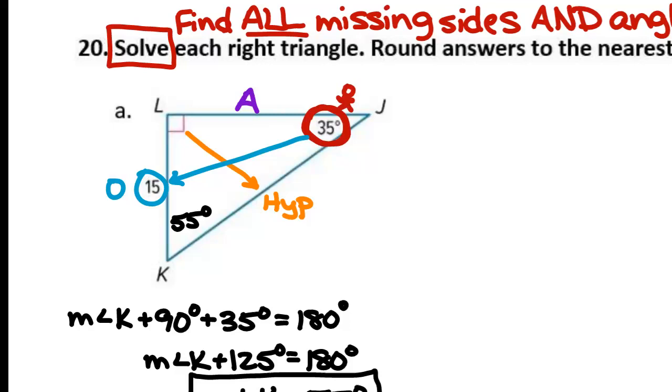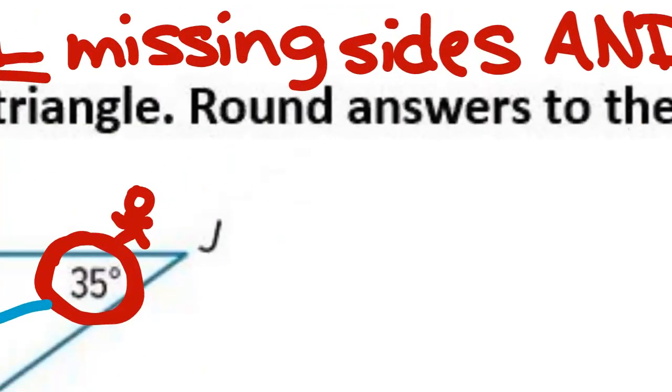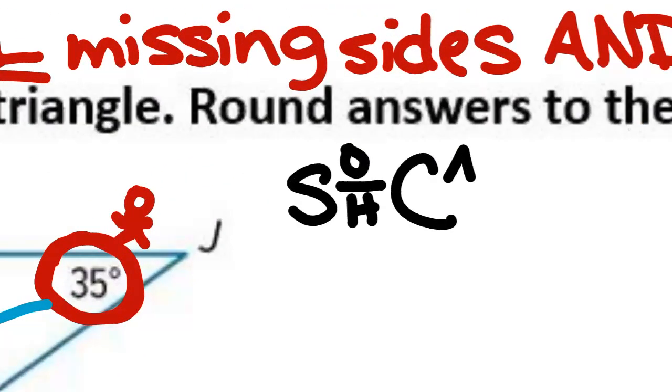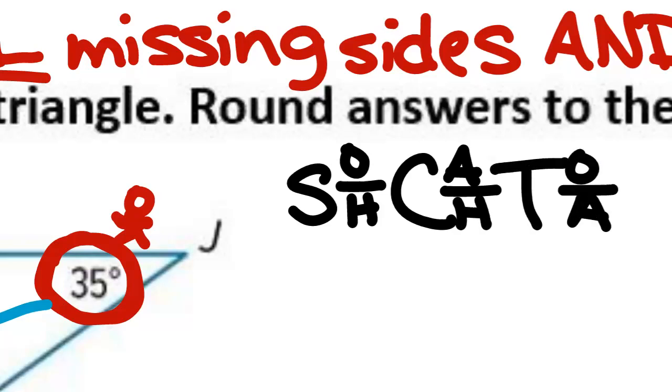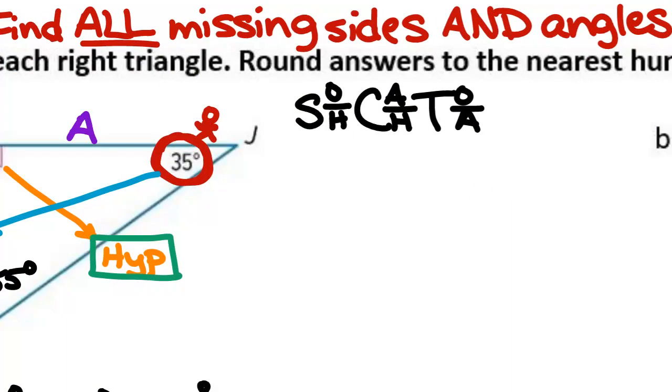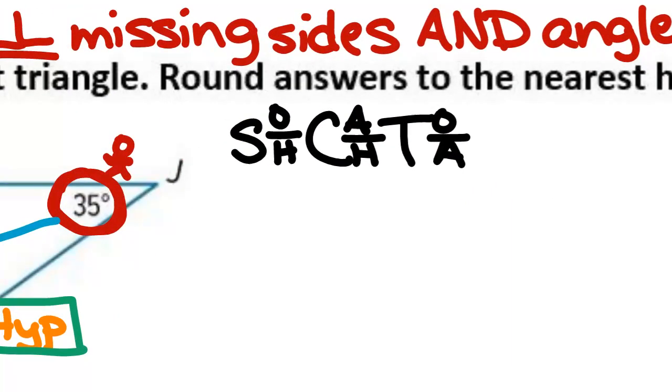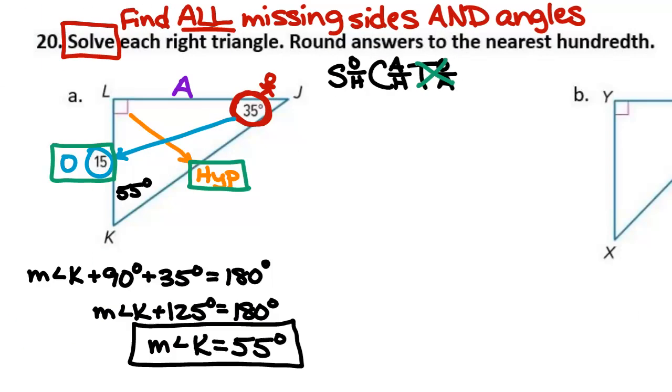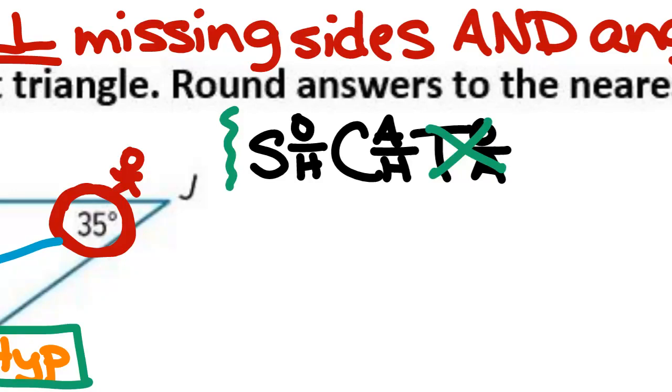You guys said that you wanted to find KJ first, the hypotenuse. And we know the opposite side. So SOHCAHTOA. We're looking for the hypotenuse. That means I'm not going to be able to use tangent because it doesn't have the hypotenuse. And we know the opposite side, so we're going to have to use sine.